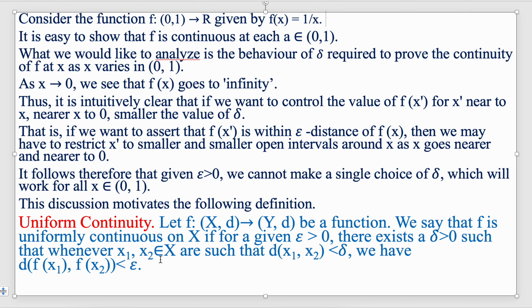Here f(x1) is the image of x1 under f and f(x2) is the image of x2 under f. In that case we say that the function f is uniformly continuous on X.